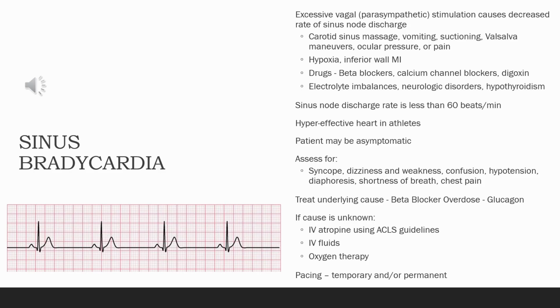And sometimes we may need to consider transcutaneous or transvenous pacing, especially if the heart rate remains dangerously low. For really severe cases, a permanent pacemaker may be required. So just a takeaway here: not all bradycardia is harmful, but whenever it leads to symptomatic hypotension or decreased perfusion, then immediate intervention is going to be required to stabilize these patients.